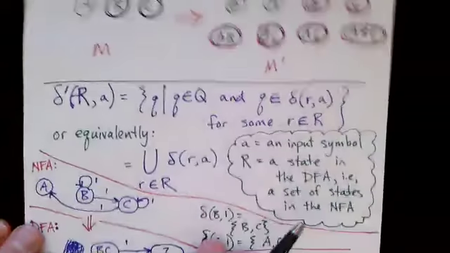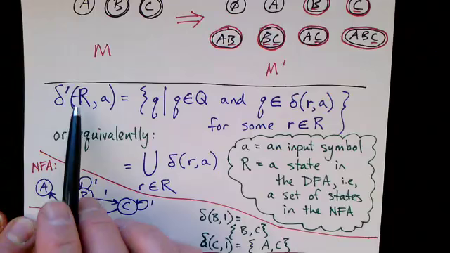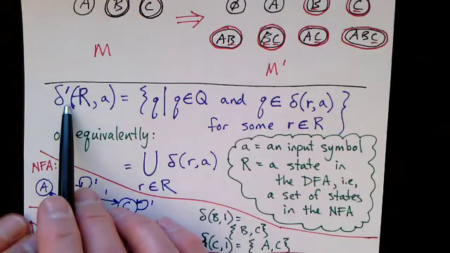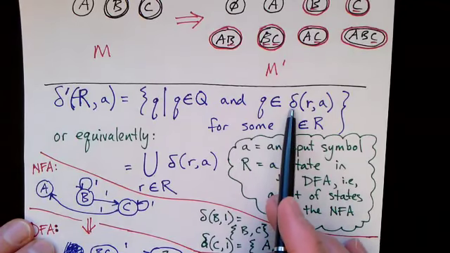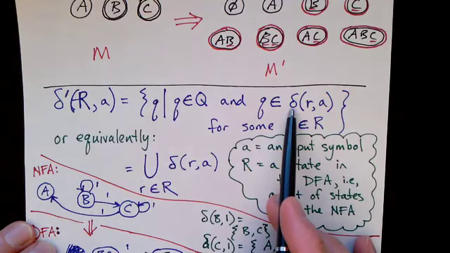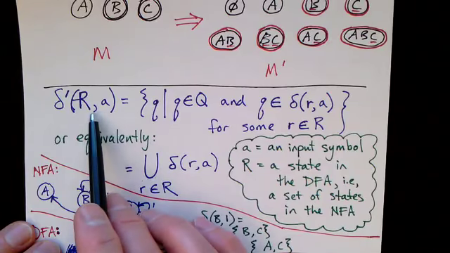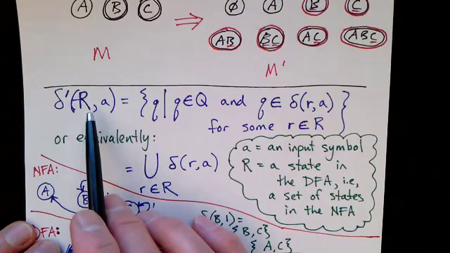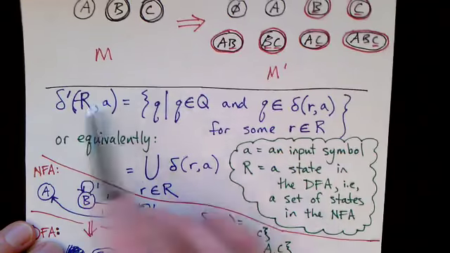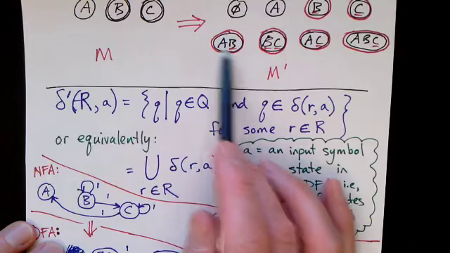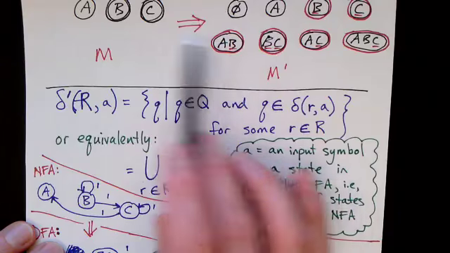Now, let's look at the transition function. We're building a new transition function, delta prime, and we're building it out of the transition function for the non-deterministic machine. We're assuming that it maps from a state in the deterministic version, which is essentially a set of states in the non-deterministic machine.